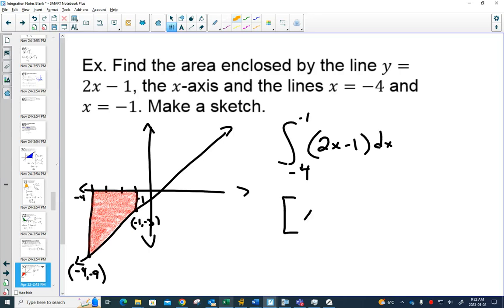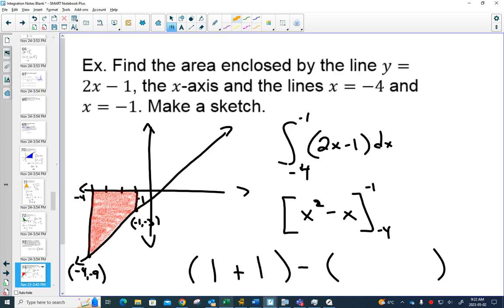So we've already figured out this integral from before is x squared minus x. And when we figure out this value, plugging in our -1 will be 1 plus 1 is 2. And plugging in -4, you're going to get 16 plus 4.